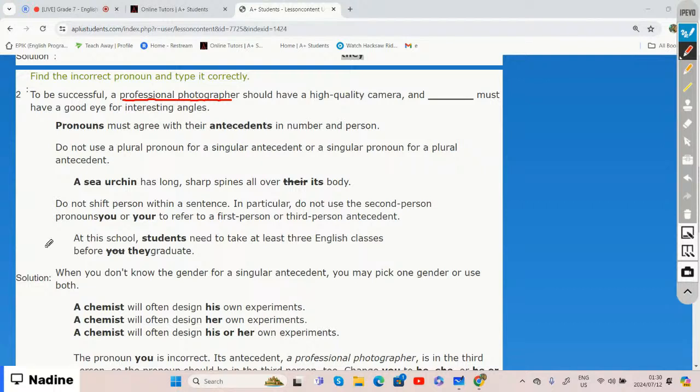So we can either say to be successful, a professional photographer should have a high quality camera and he must have a good eye for interesting angles. Or we can say she must have a good eye for interesting angles. Or we can say he or she must have a good eye for interesting angles.